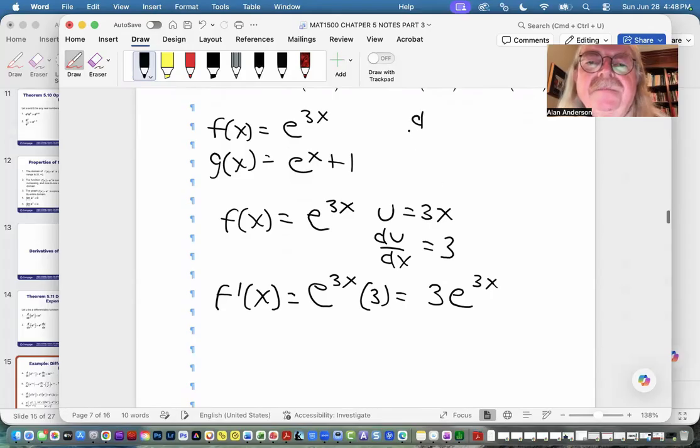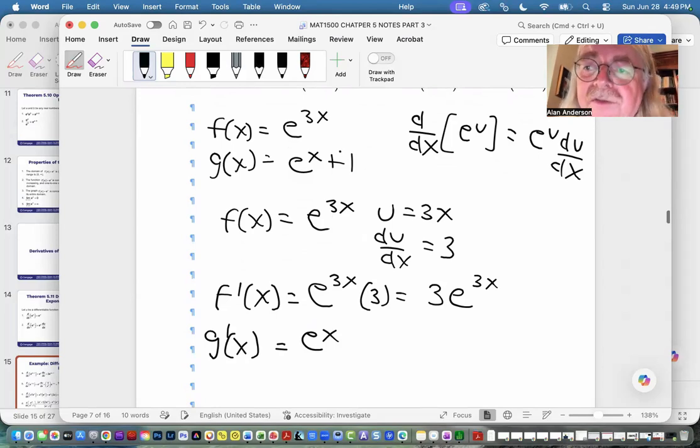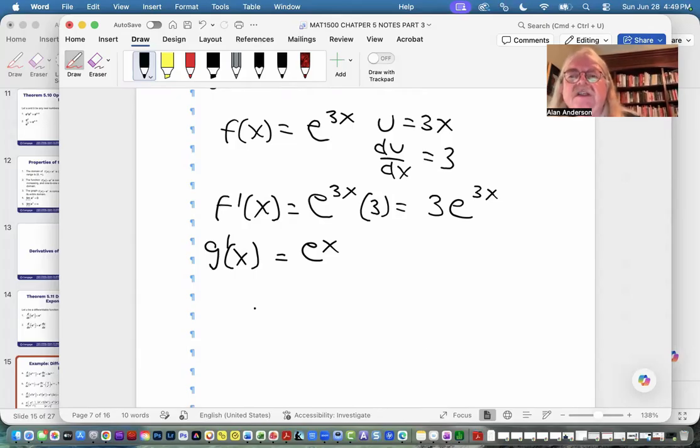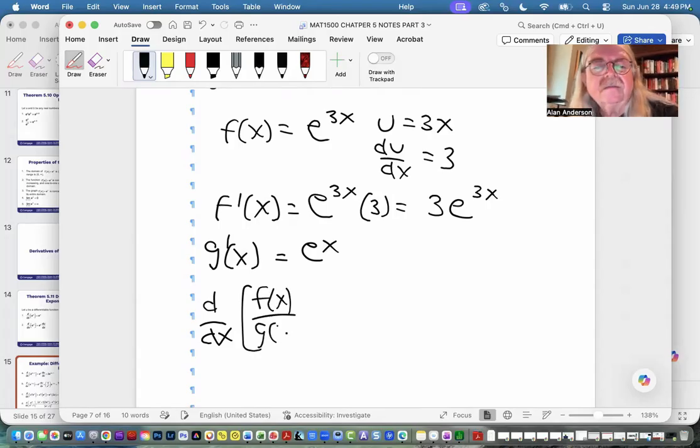Because remember, this equals e to the u du dx. Now, g prime of x, on the other hand, is even a little bit simpler because you're differentiating e to the x, which is just e to the x, plus the 1 has a derivative of 0. So these are our final results. So once again, I'll write up the quotient rule, and then we'll make the substitutions.